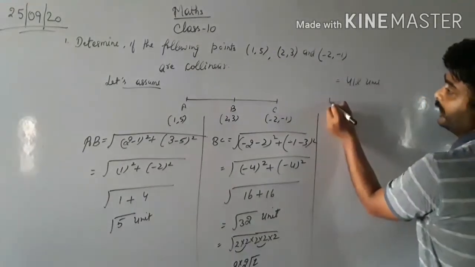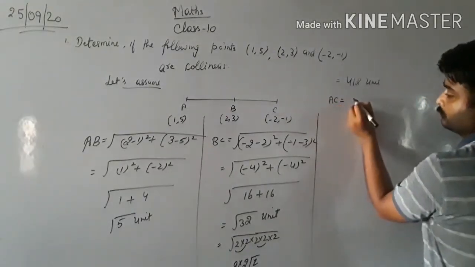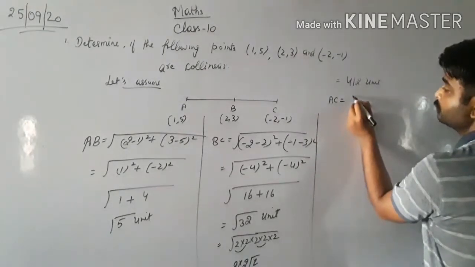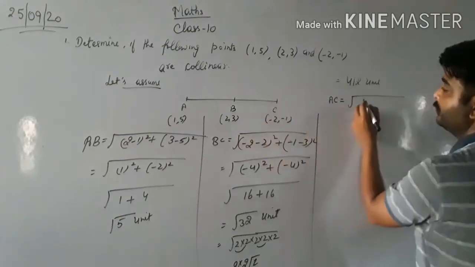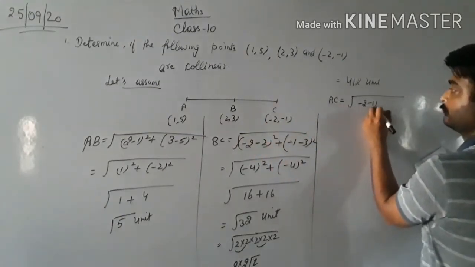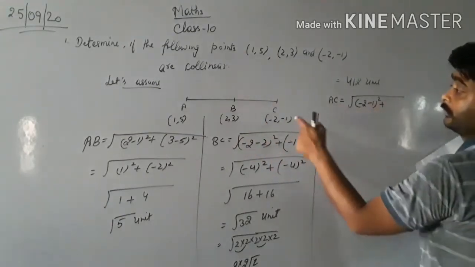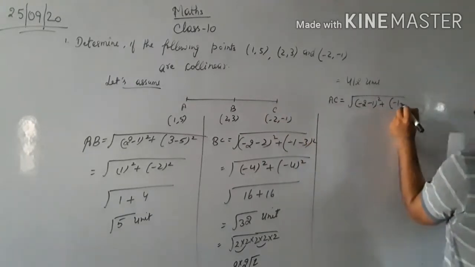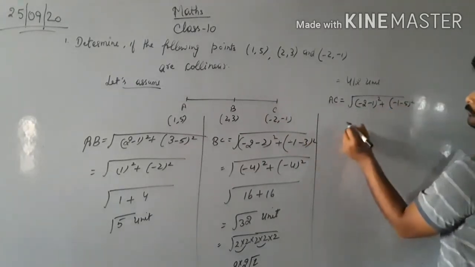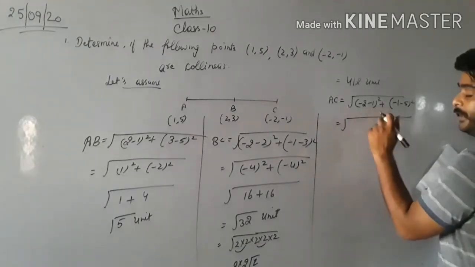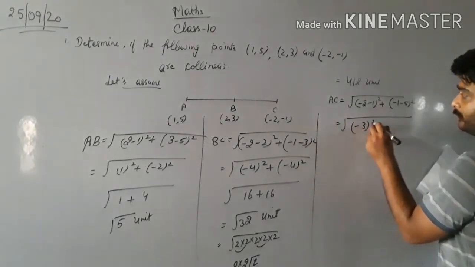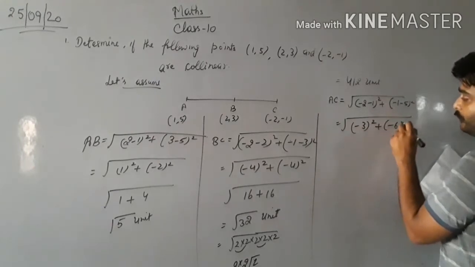Okay, now for AC. Again, the points are (1, 5) and (-2, -1). (-2 minus 1) whole square plus (-1 minus 5) whole square. So it's -3 whole square, and it's -6 whole square.